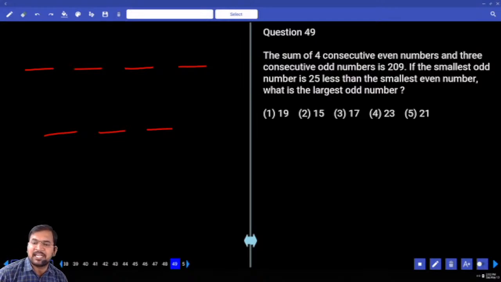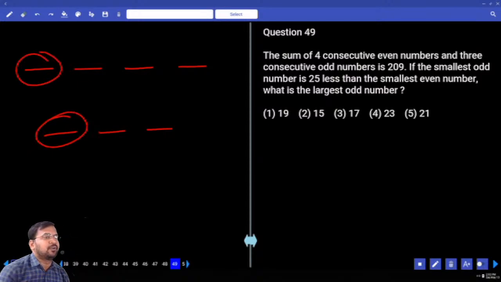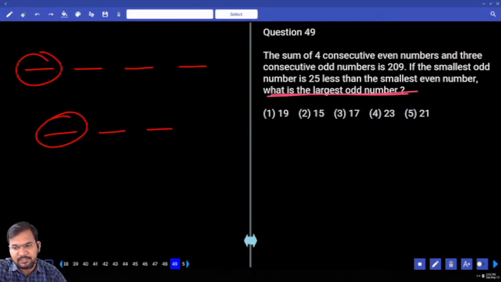If the smallest odd number is 25 less than the smallest even number. All of you clear? Now they're asking for the largest odd number.